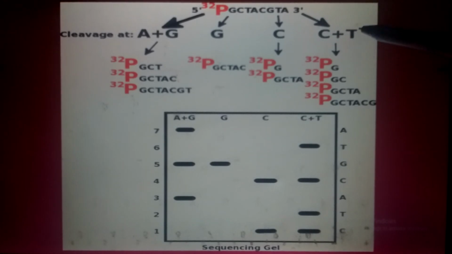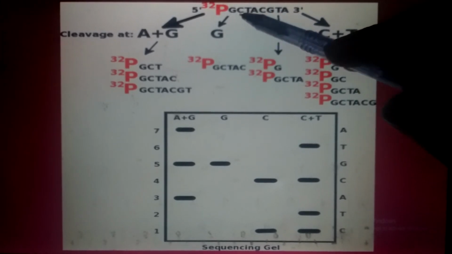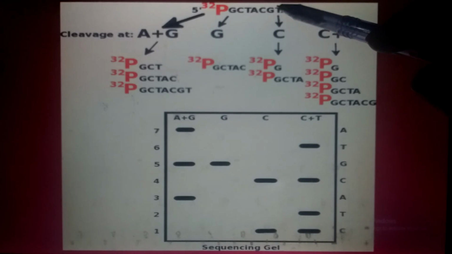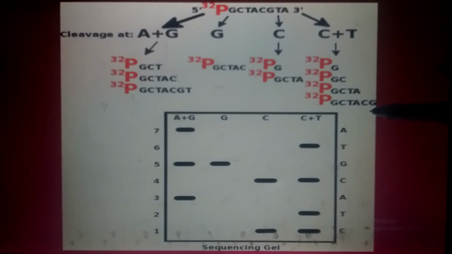Now we are counting for the T. T is here. So the first fragment GC, the second fragment T is here, so the GCTACG. You can see here. Is it clear?